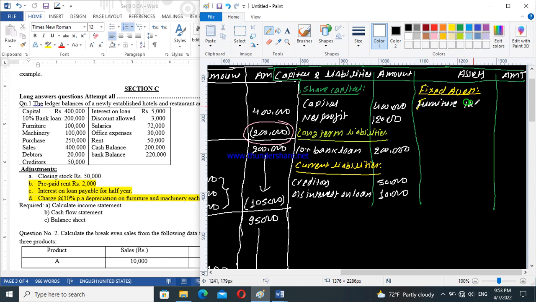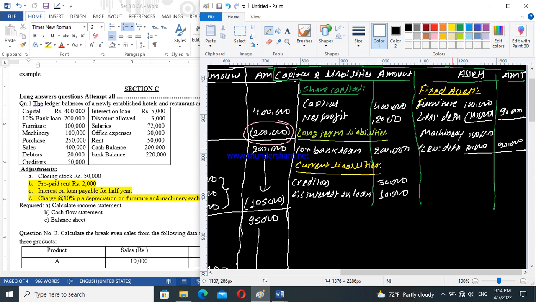Furniture 1 lakh, less depreciation 10,000, 90,000, and next one we have machinery. Machinery is 1 lakh, less depreciation 10,000, total we have 90,000. Next one.